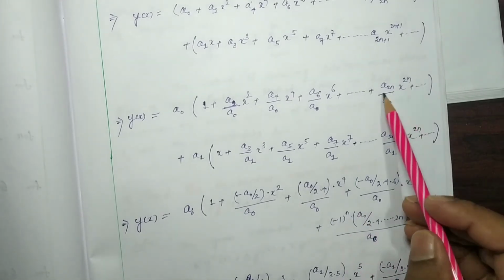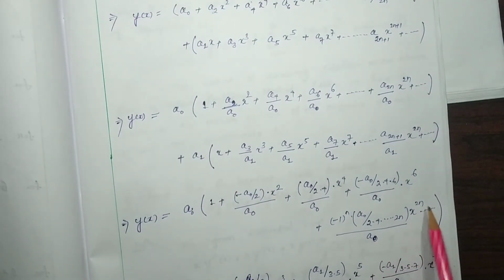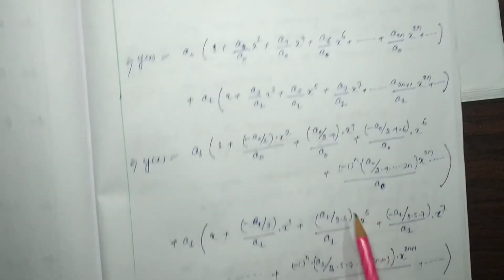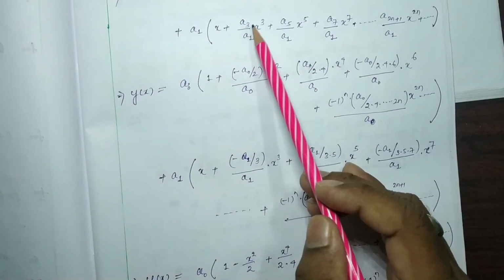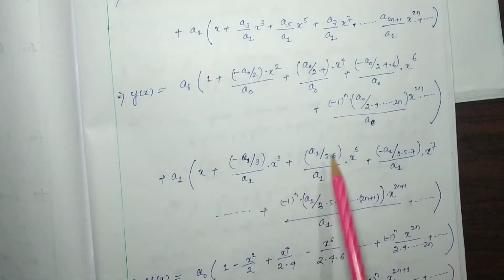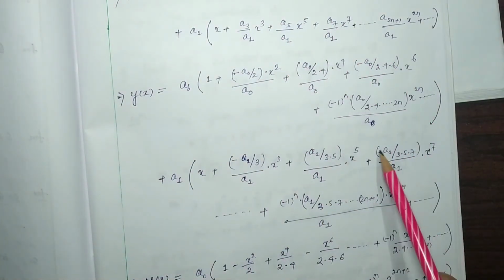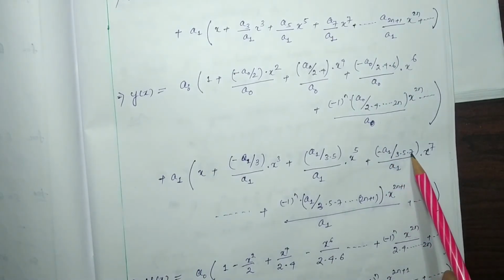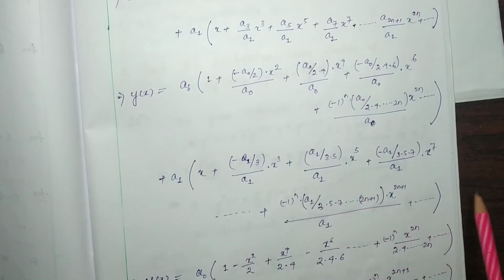In general, a2n is nothing but minus 1 to the power n, a0 by 2 into 4 up to 2n, into x to the power 2n, divided by a0. Similarly, if we put a3, a5, a7 in the odd series, it will be minus a1 by 3, a5 will be a1 by 3 into 5, a7 is minus a1 by 3 into 5 into 7, and the general term is this one, and so on.